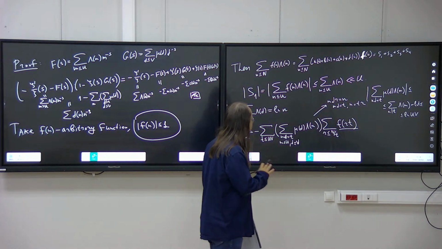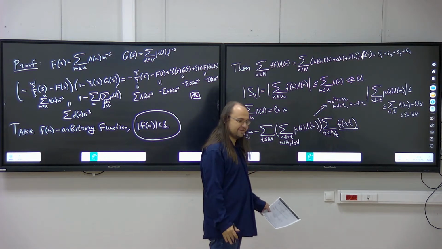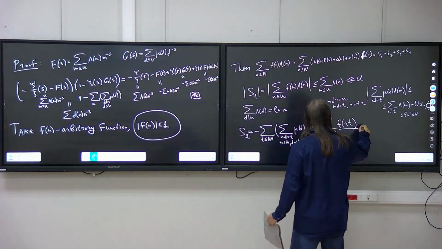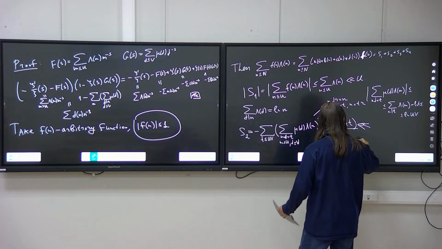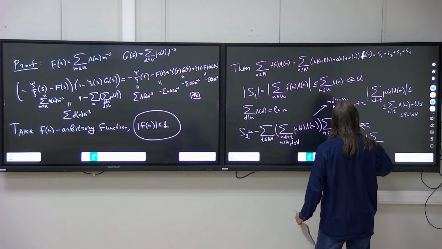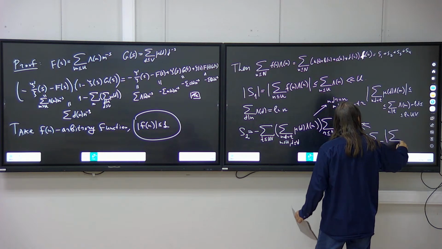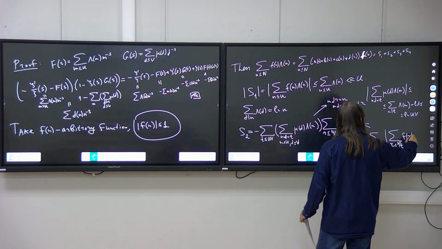But we estimate everything very, very roughly, okay? So now you get that this is at most what? At most log uv multiplied by sum of all t less than or equal to uv, absolute value of sum over all r less than or equal to n over t, f of rt.